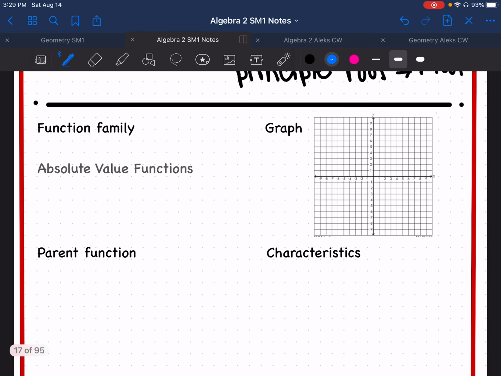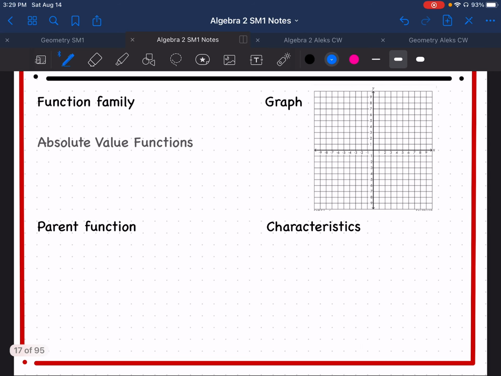All right, the last function family that we're going to talk about in Algebra 2 is the absolute value functions. The parent function for the absolute value is y equals the absolute value of x. These are not the number ones; this is the absolute value sign. We're going to talk about the absolute value in just a minute, and its characteristics.